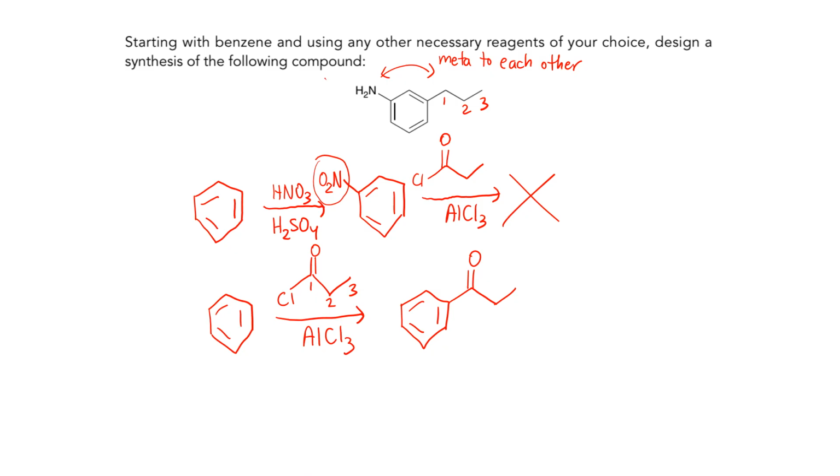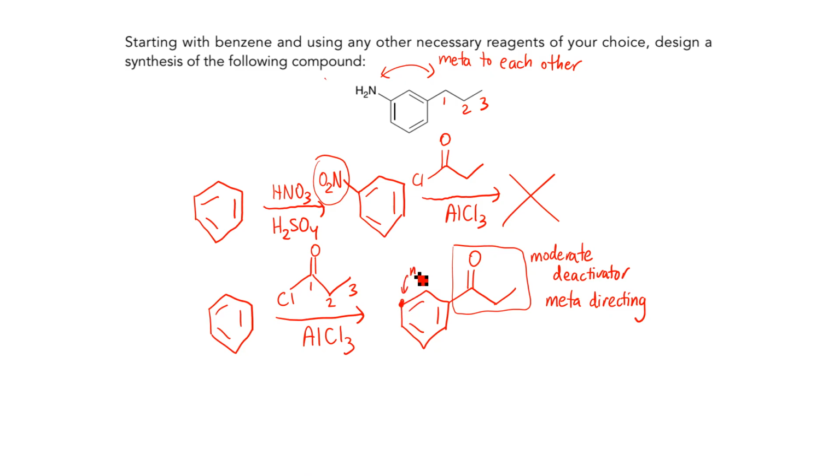But right now, we need the NH2, right? Now we know that this group right over here is a moderate deactivator, right? And if it's a moderate deactivator, deactivators are meta-directing, which means this group can go on a meta position.